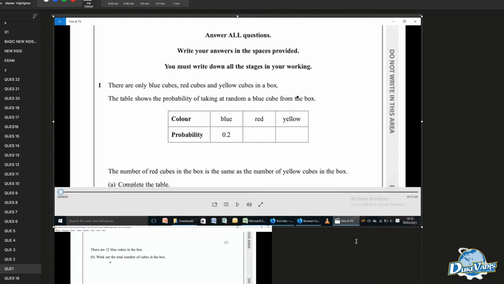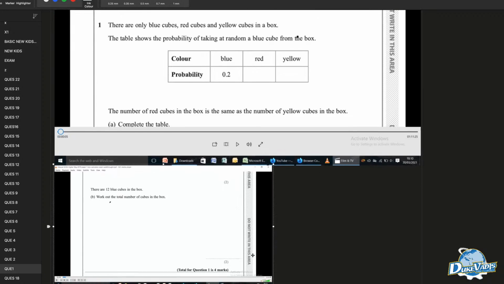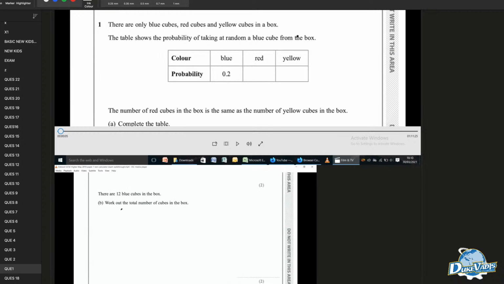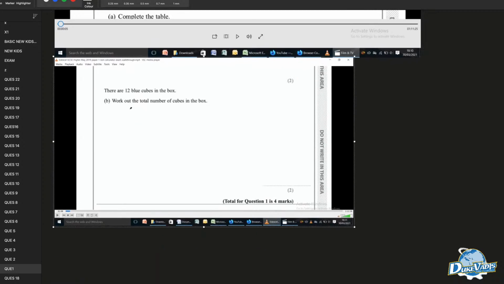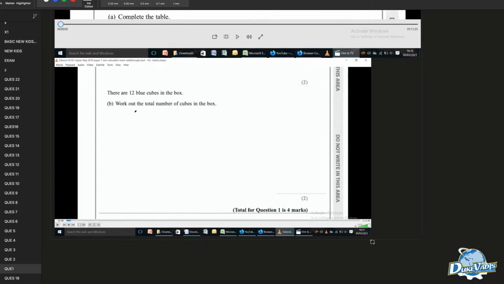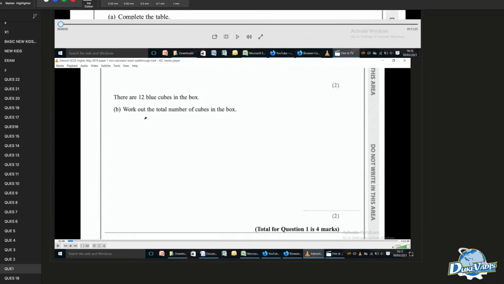Complete the table. The other part says there are 12 blue cubes in the box. Work out the total number of cubes in the box.